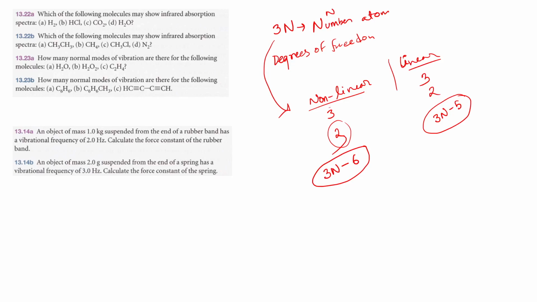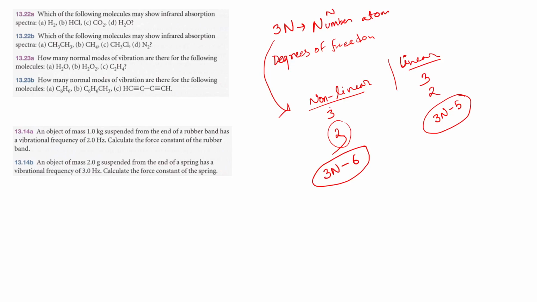So there are 3n minus 6 vibrations which are independent. That's why they are normal to each other, normal modes of vibration. That's why I was using the pun about abnormal modes of vibration. Actually, what does that mean? These 3n minus 6 individually are not dependent on each other.